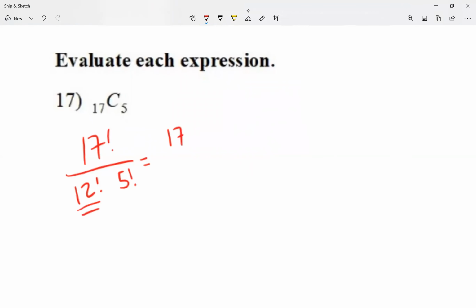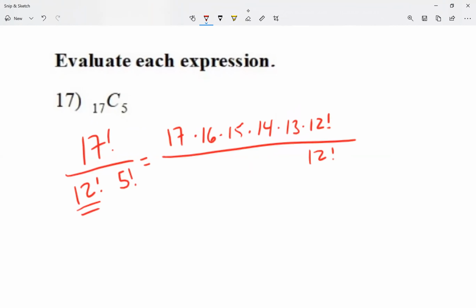So I have 17 times 16 times 15 times 14 times 13 times 12 factorial. I stop at 12 factorial because I have a 12 factorial at the bottom, so they cancel out. I'm not going to write 12 times 11 times 10 all the way to 1. I know that 12 factorial cancels out, but I still have a 5 factorial at the bottom: 5 times 4 times 3 times 2 times 1.